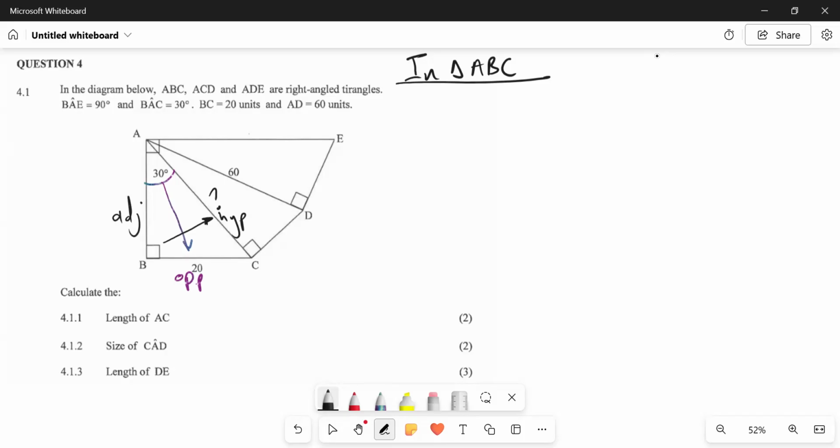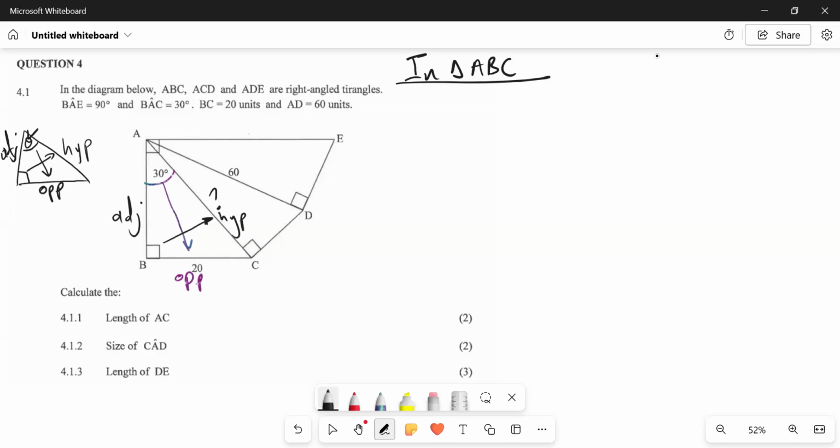So for a right angle triangle, the side which is opposite to the actual angle becomes our opposite, and the side which is opposite to our 90-degree angle becomes our hypotenuse. And this will always be our adjacent because it's adjacent to this angle here, right? I believe it makes sense at this point.